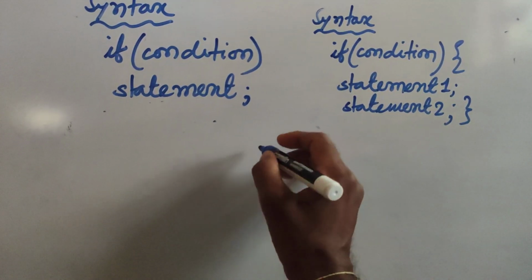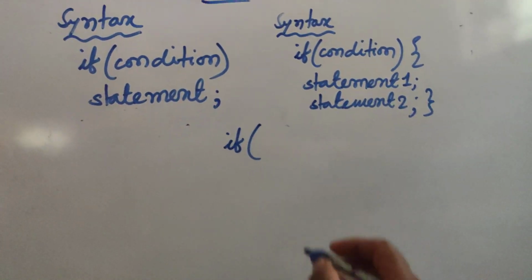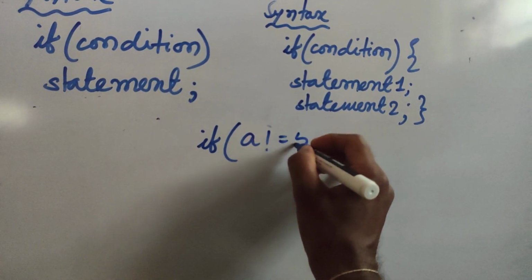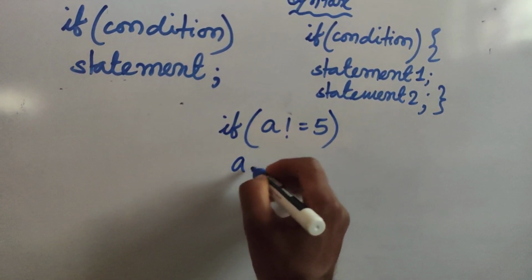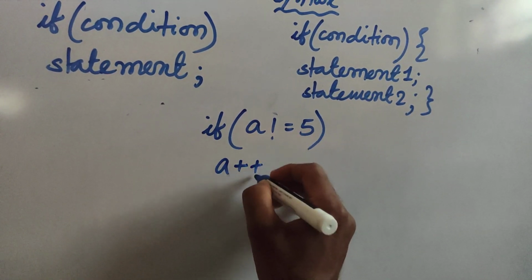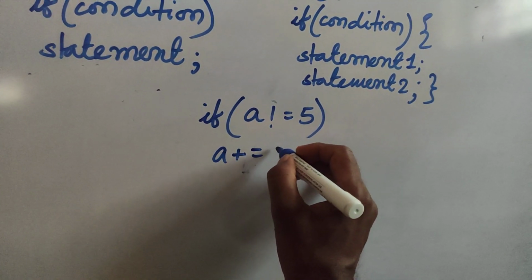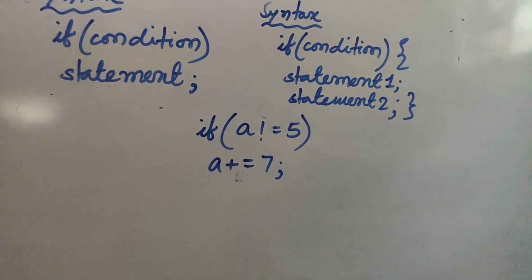See, if I write here, if a not equal to 5, then we are writing a plus plus, or otherwise a plus equal to 7 statements I am writing. A plus equal to 7.